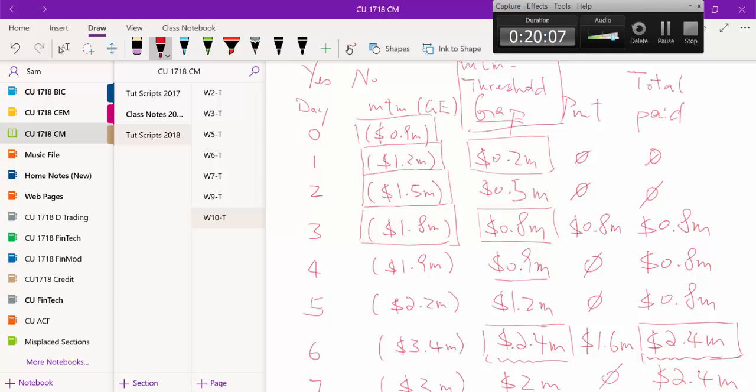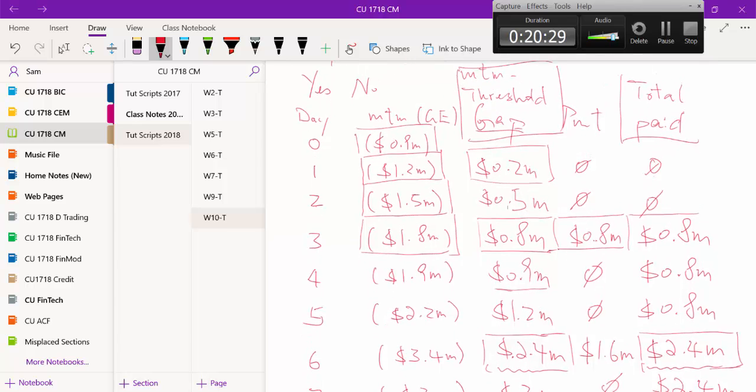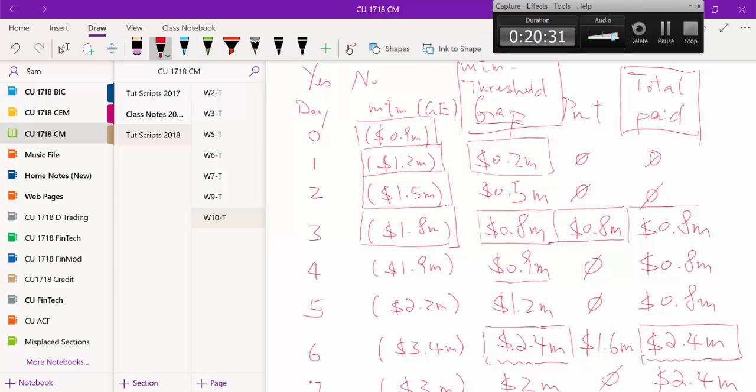So this time, JP Morgan will pick up the phone and ask GE, excuse me, do you mind to pay me $0.8 million, either in cash or something very liquid like treasury bills? So the total paid, that is this column here, the total amount paid so far is 0.8.